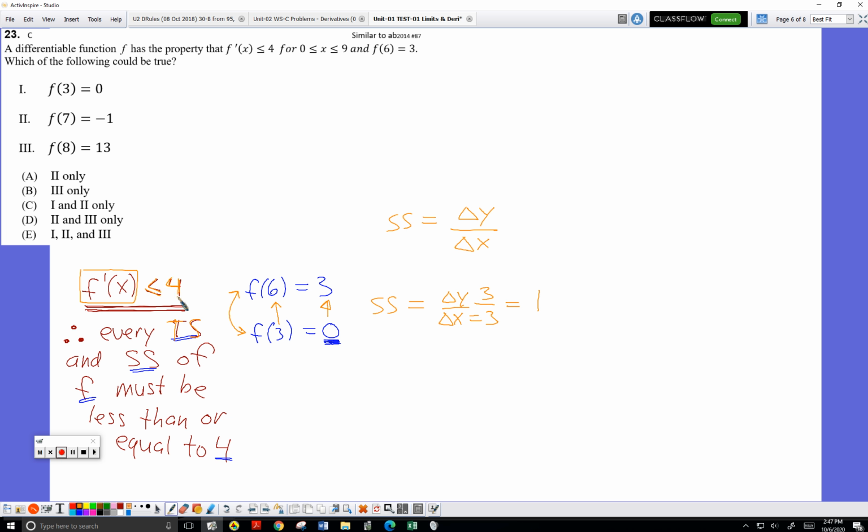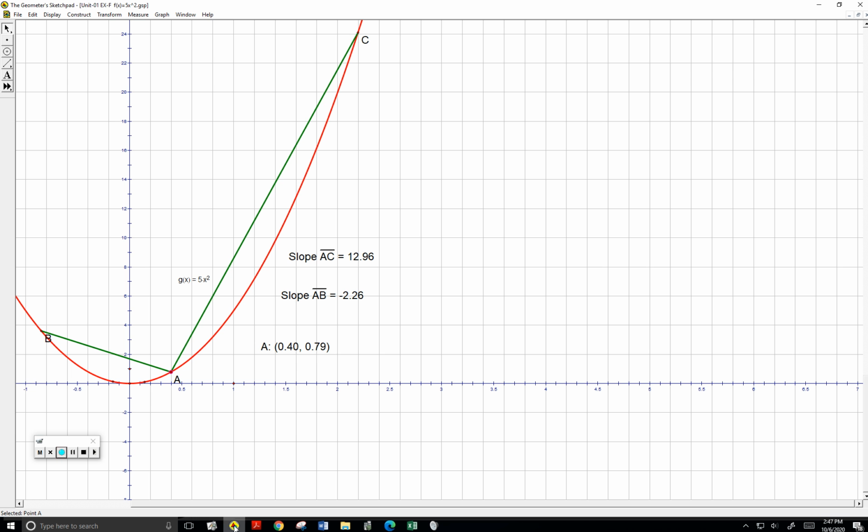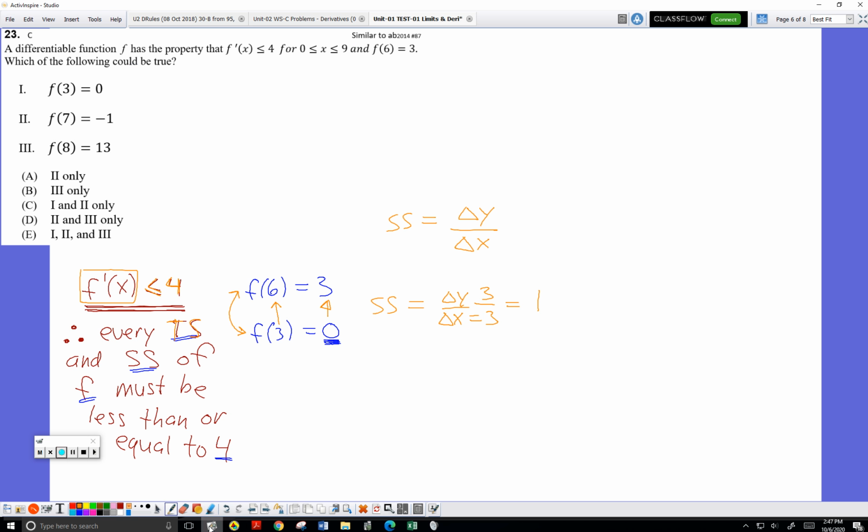Simply turns out that there's a connection between tangent slopes and secant slopes because of how tangent slopes are found. Do you remember this picture? We talked about how we find the tangent slope by making secants. Because of that, if every tangent slope has to be less than 4, so does every secant slope.